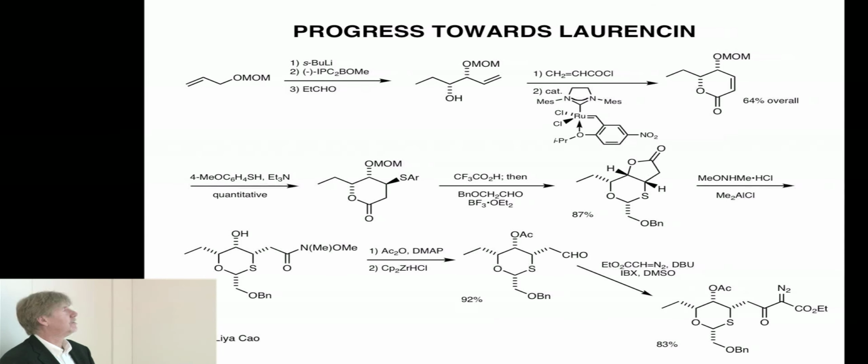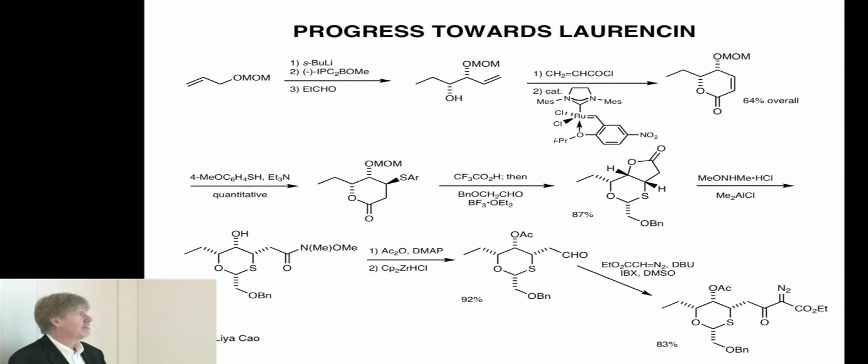MOM-protected allyl alcohol. Then we can do a Michael addition of this thiol, and that's with complete facial selectivity from the top, and then using trifluoroacetic acid, cleave both the MOM group and the sulfide, and then under conditions of acetal formation, we generate this.